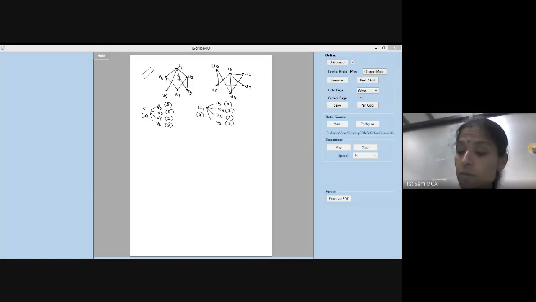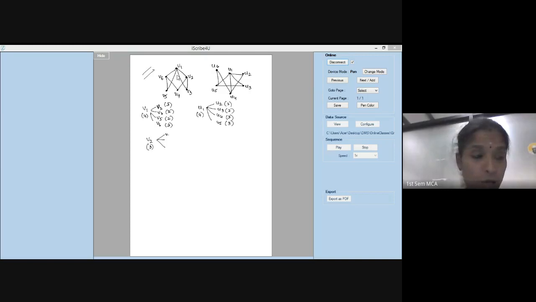All right, when we saw V1, it was a vertex of degree 4. In this case, in G2 also, U1 is of degree 4. We have listed out the adjacent vertices and their degrees. Now let me take up V2. V2 is of degree 3. What are the adjacent vertices of U2?